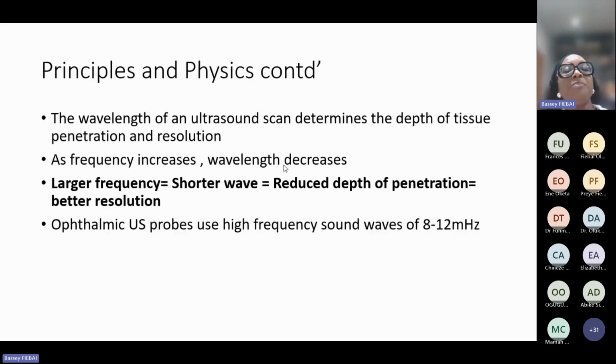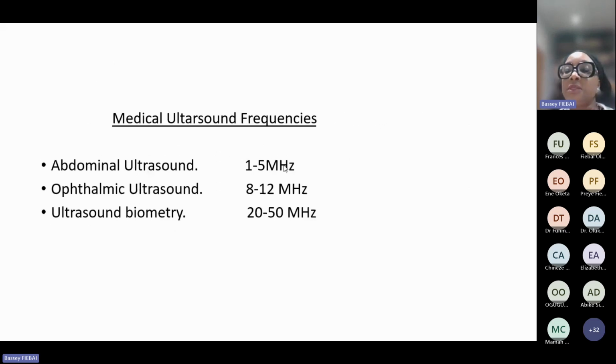That's why the ophthalmic probes have a larger frequency than the abdominal probes. So the typical ophthalmic probes, the frequency is about 8 to 12 megahertz for the A and the B scan. But for ultrasound biomicroscopy, we have up to 50 megahertz. So abdominal ultrasound scans, 1 to 5 megahertz, the probe frequency.